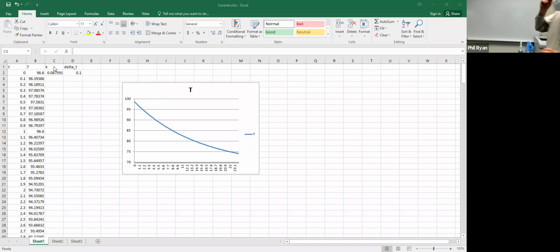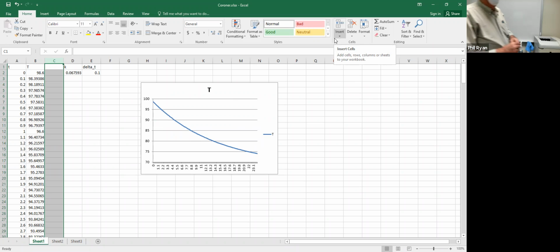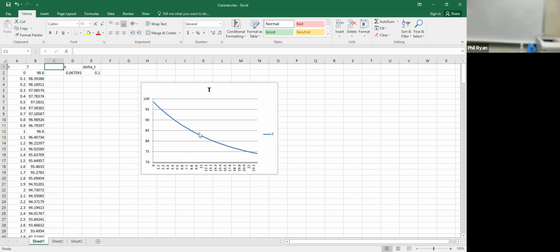Okay, so we want to put in a new variable. So what we should do is if we click on the third variable and we put in insert, it will create a new blank column for us. And I'll call that column C. That stands for coroner's rule of thumb.